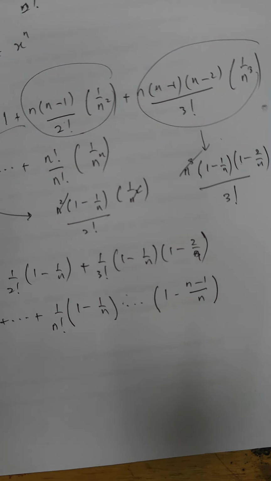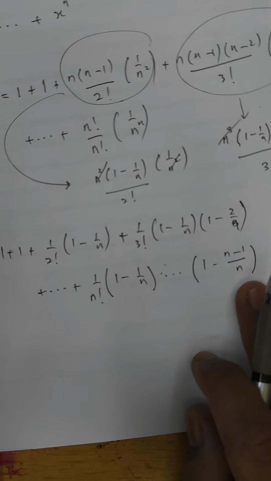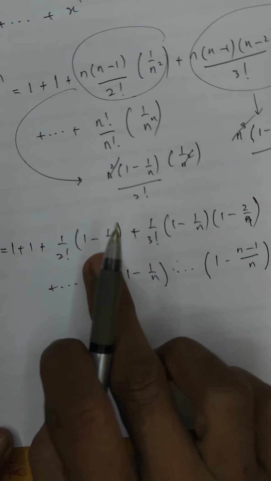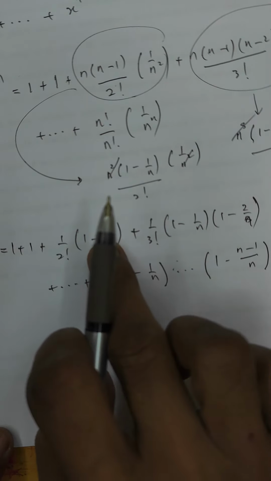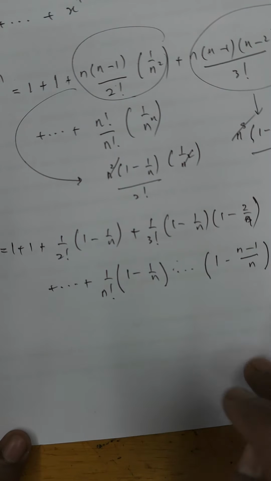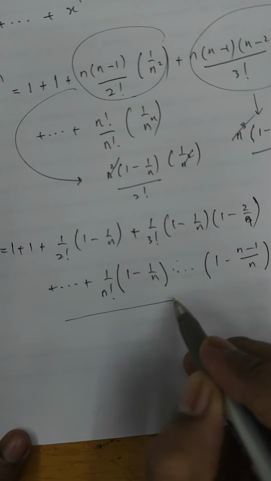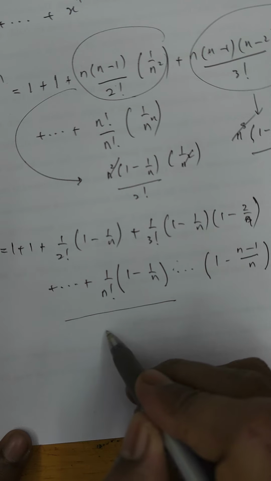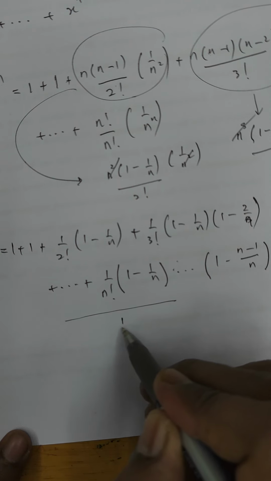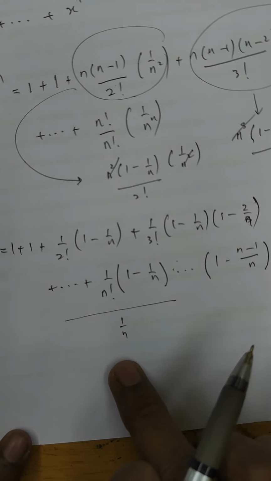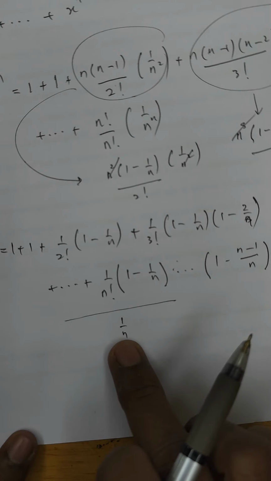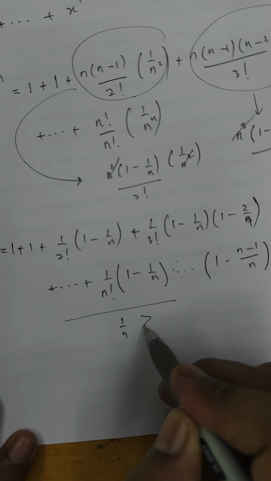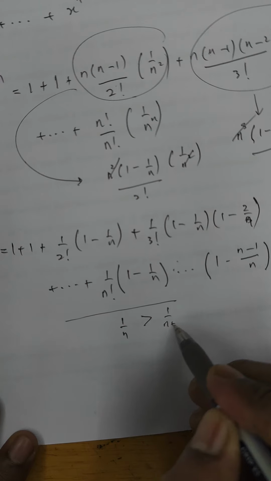Obviously, consider each of those terms. Look carefully: 1 over n is greater than 1 over n plus 1, correct?